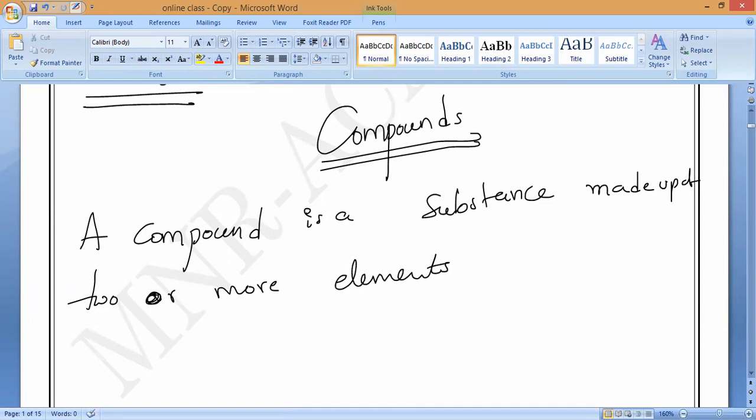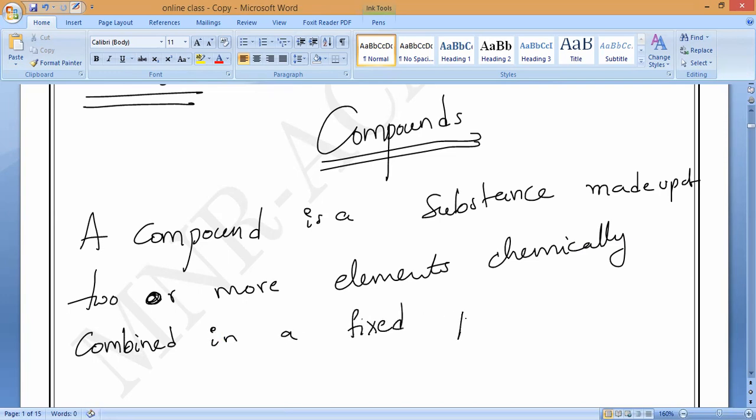Not the same element, different elements. 2 or more elements chemically combined in a fixed proportion. Fixed proportion by what? By mass. This is the most important. That is called a compound.